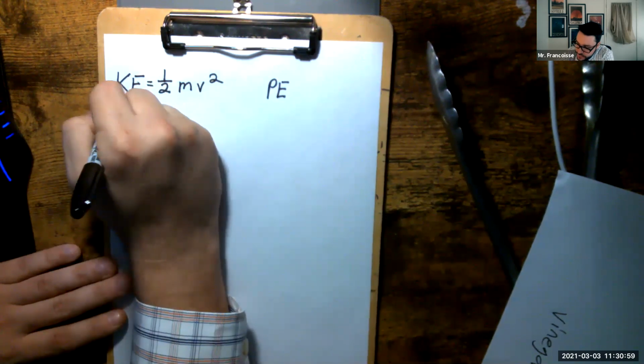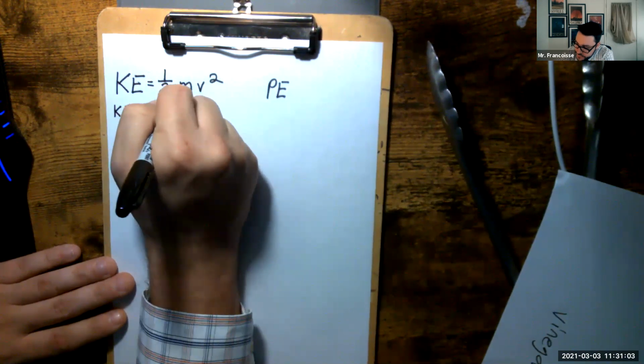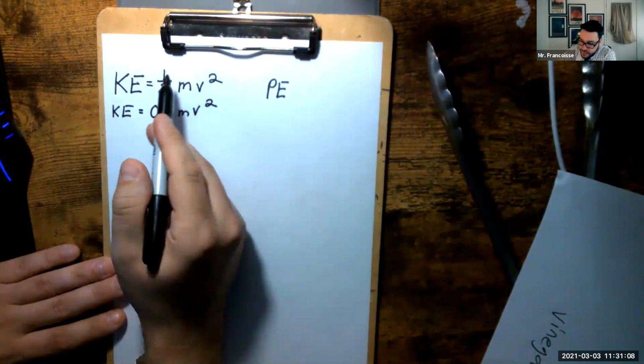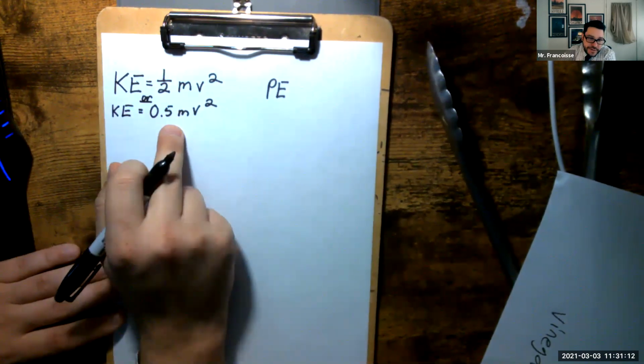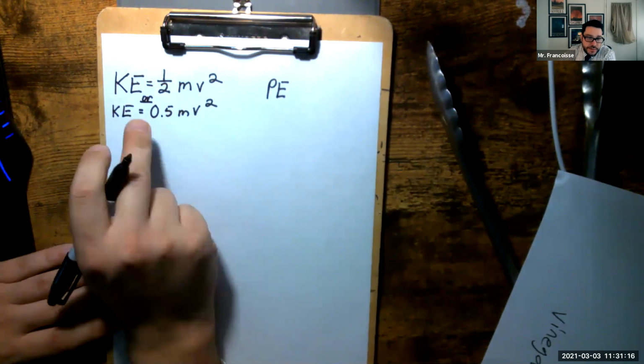Or you could say KE is equal to 0.5 times mv squared. If you don't want to deal with the fraction, this is the same thing as a decimal. So either of these are fine.